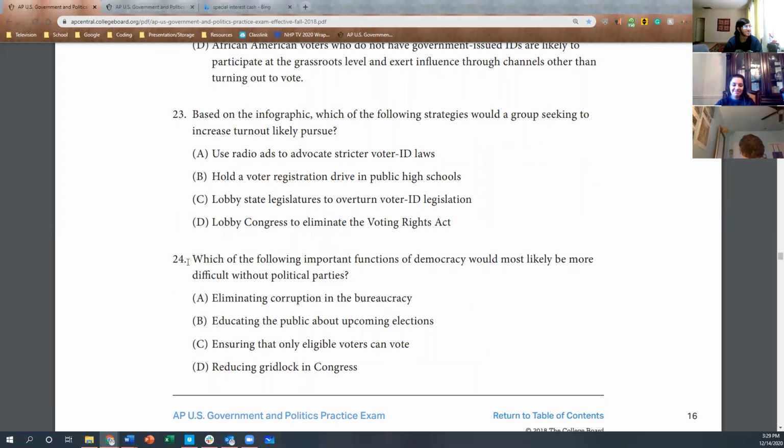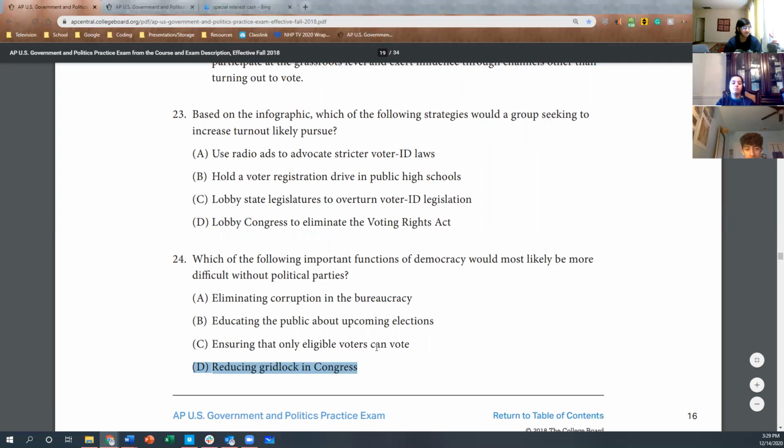Which of the following important functions of democracy would most likely be more difficult without political parties? Well, reducing gridlock would be very easy without political parties.